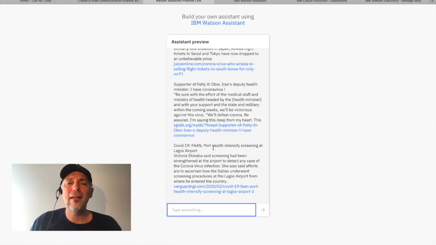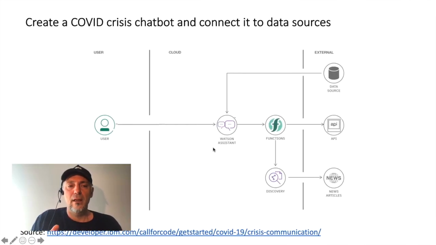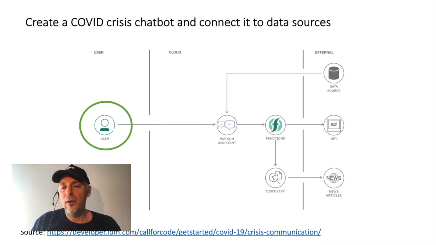So now let us take a look behind the curtain. This is the architecture diagram. Here we are the user interacting with the chatbot itself, with the concrete services on IBM Cloud. We have 3 services running on IBM Cloud at the moment.